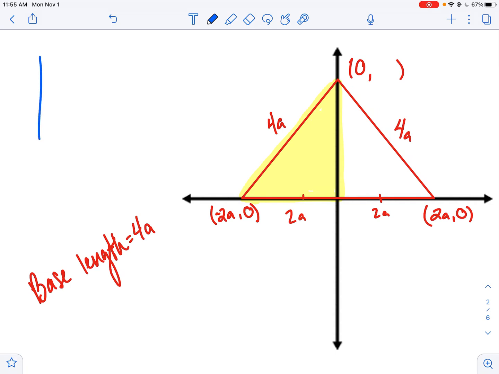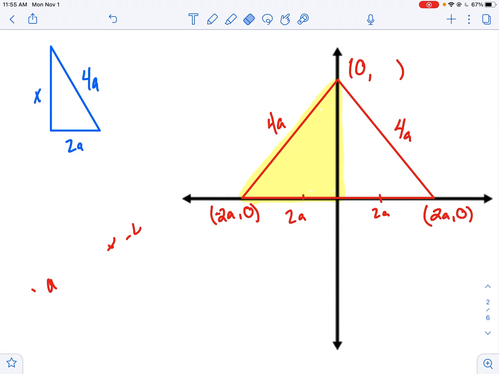So let me just rewrite this problem where I've got 4a, 2a, and x. And I can use my Pythagorean theorem: x squared plus 2a squared equals 4a squared.